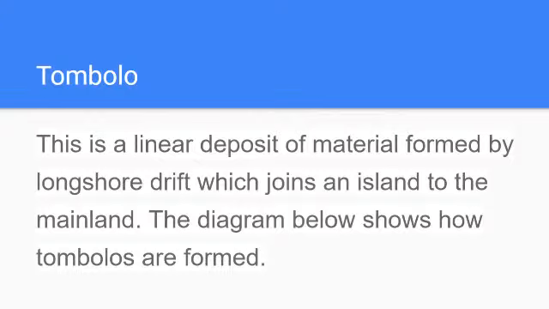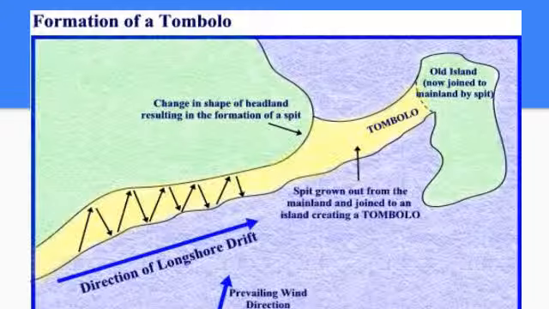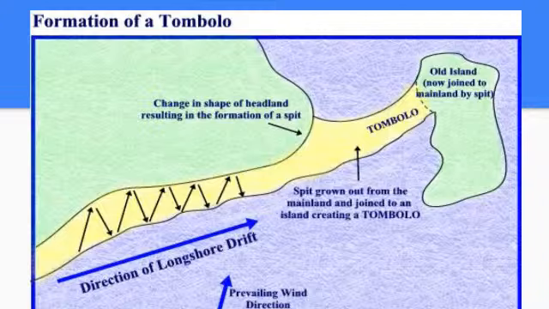There are many of them, as a matter of fact, where after the attachment has taken place and you have constant deposition as well as vegetation growing on it, it becomes so stable that people actually start driving on it, building a road on it, etc. to get to the other island.